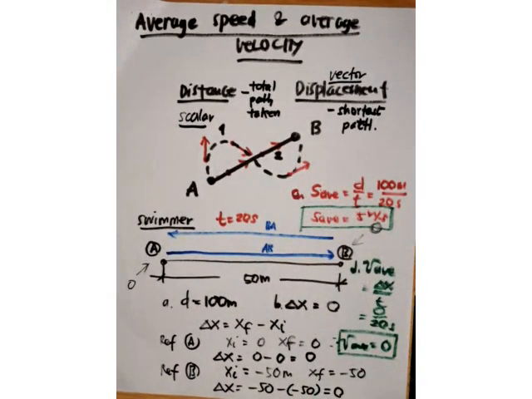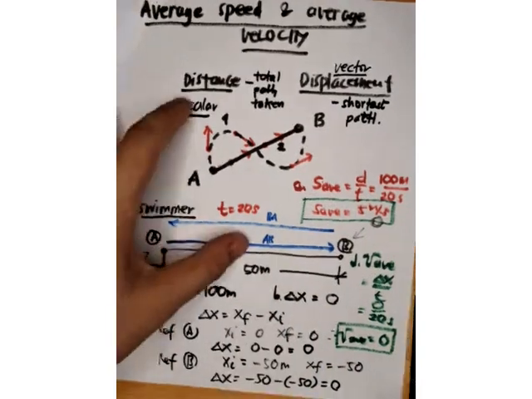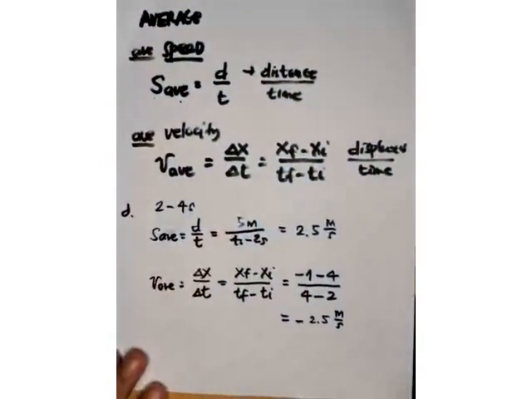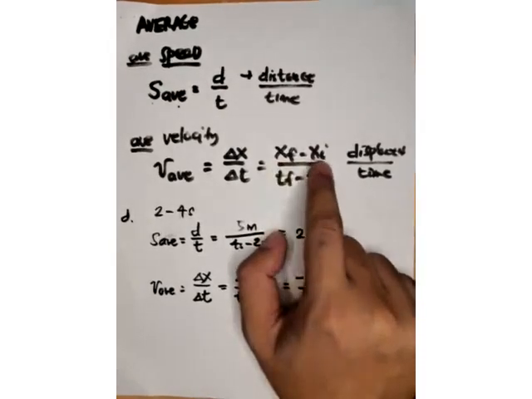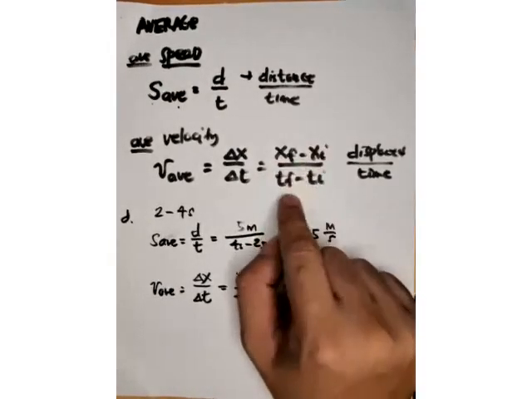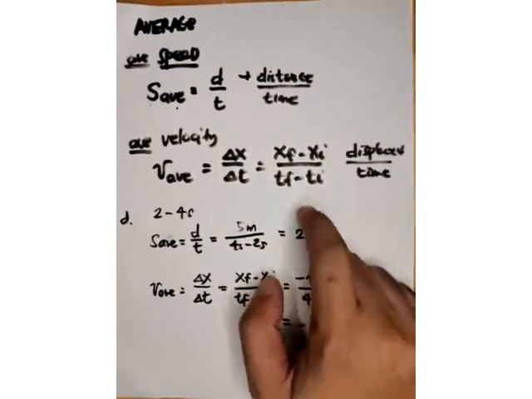And then, ang relation ng displacement and distance to average speed and average velocity. So we also have discussed that the average speed is equal to the total distance over the total time to cover that distance, while the average velocity is the difference between the final position to the initial position over the total time to cover that displacement.